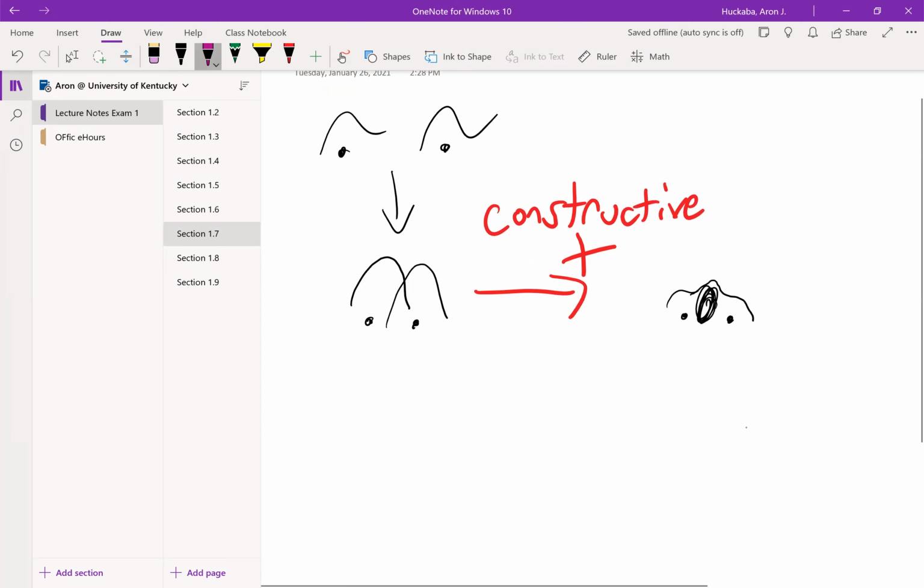However, it can also be destructive. Sorry, my handwriting is not great, and I'm going to do my best to make it better as this goes on. Oh no, I can't rest my hand on the tablet, so that's part of the issue.